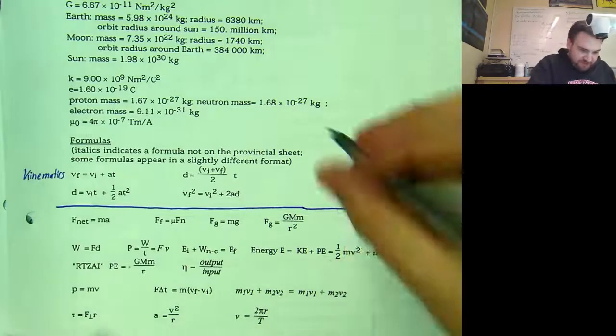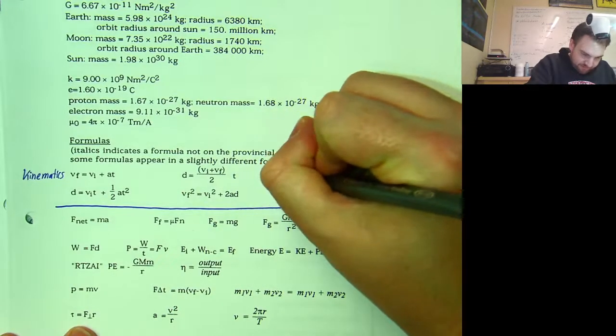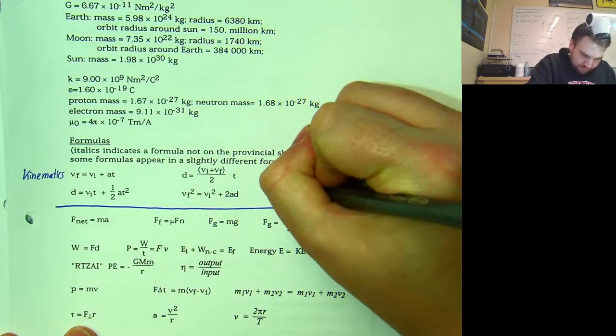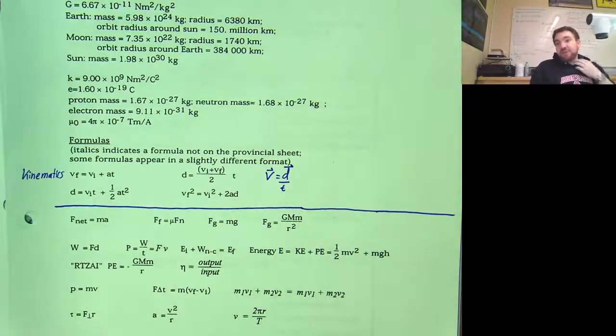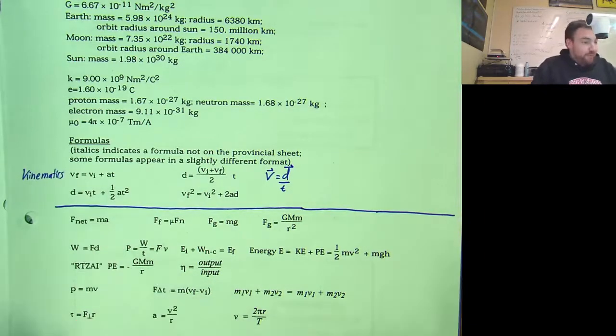The only other formula that's not on here is this guy here. I'll make that displacement. So that's the only one we're going to add for the time being. But we've got a kinematic section here. We've just seen our first formula and where it comes from.